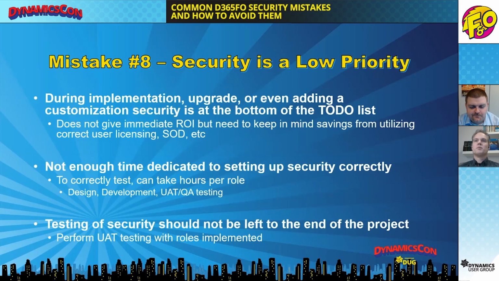Then towards the end of the project, they find out, hey, we don't have enough time anymore to do the security setting correctly. And that leads to also just what Alex mentioned before. If we want to do the security with least privilege correctly, or find the balance in the hybrid approach, you should start thinking of the security already when you start the implementation project.